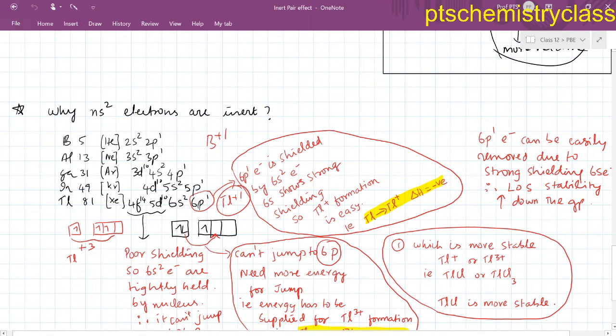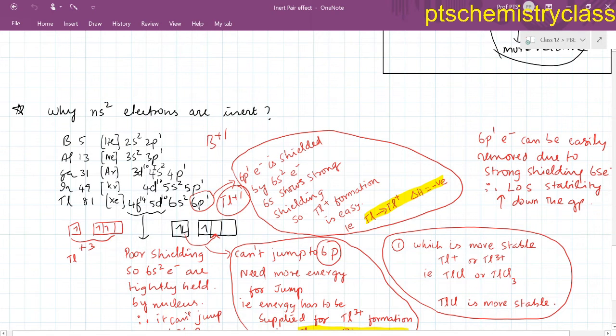Suppose you take an example of a group 13 element, you can take any group. In the previous class, I told you how to write the electronic configuration of various elements in various groups of the p block. Like that, you have to write the electronic configuration for all the elements.